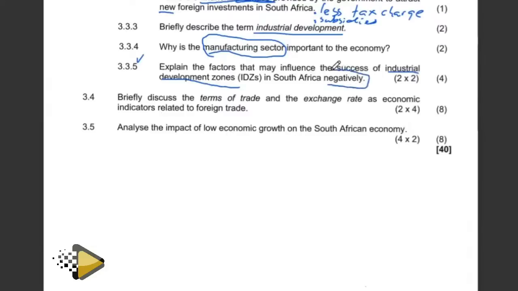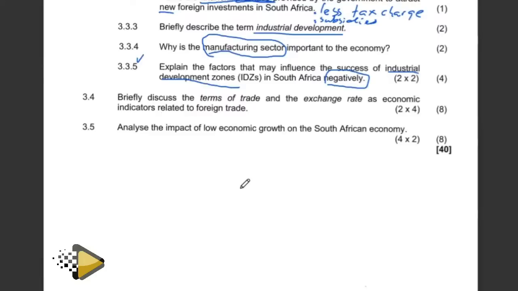So what I was actually trying to say is that whenever you are answering economics questions, you should always be in a position to understand what a question means, or to interpret a question, because the moment you fail to interpret the question, there's going to be a huge challenge for you to understand how you must approach that particular question.